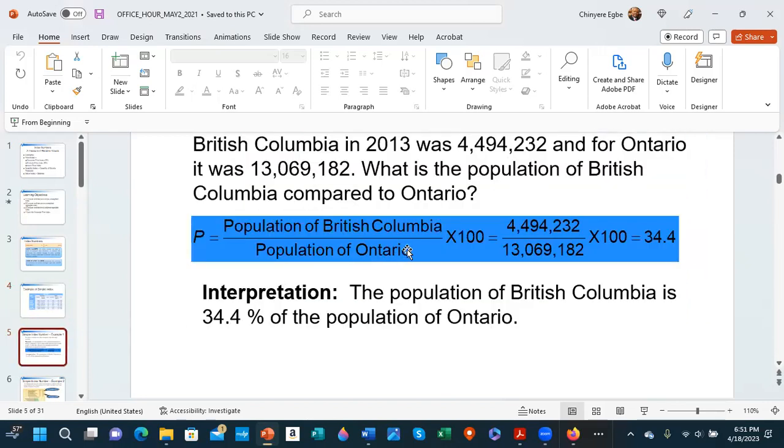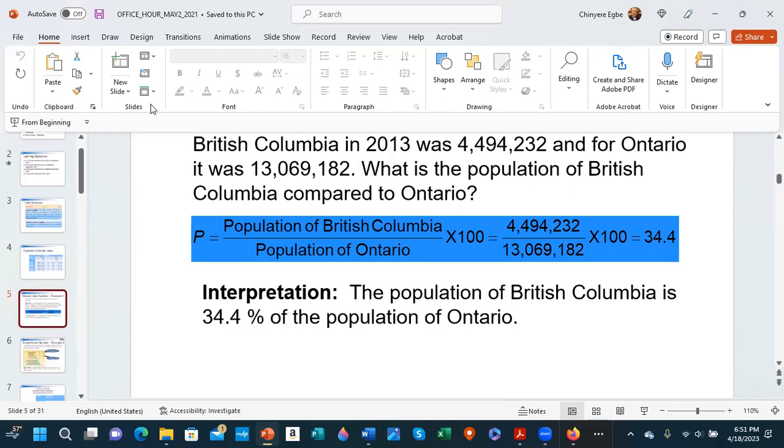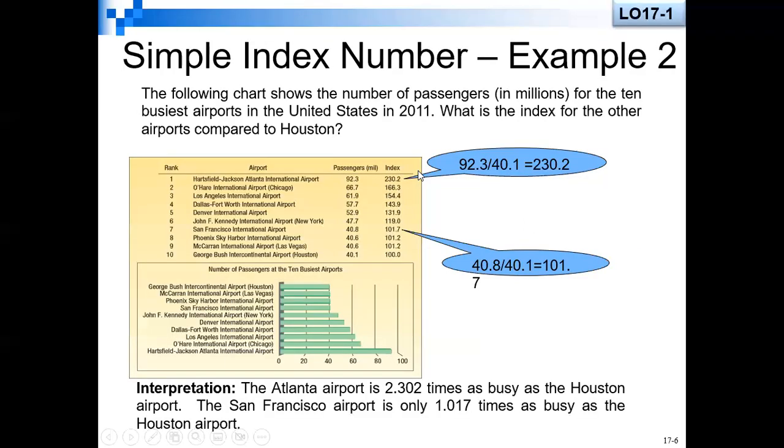And here, the population of Ontario is the base, but then you could have had 20 other cities, and then you make that comparison. Again, this is just an illustration of the simple index that we calculated.